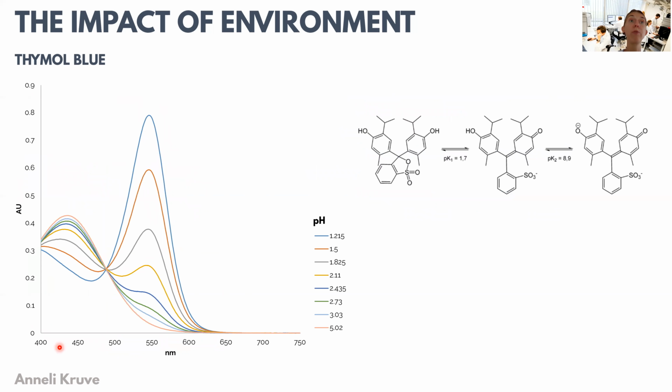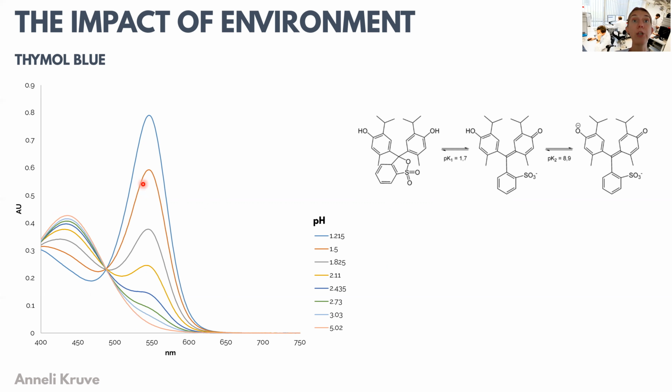And also, as mentioned before, pH has an effect. Here is an example of thymol blue and how its spectrum depends on the pH. At a very low pH, it has an intensive absorption maximum at about 560 nanometers. It is primarily in this form, but when the pH starts increasing, it goes over to the anionic form, and the absorption maximum shifts to about 440 nanometers.